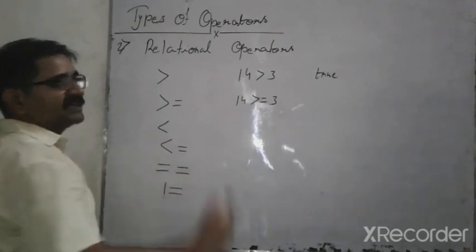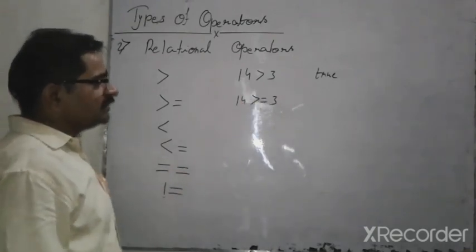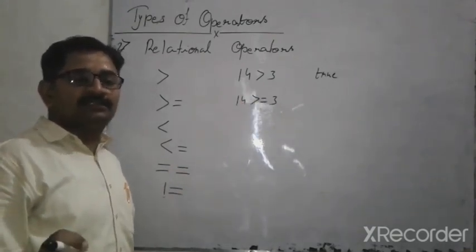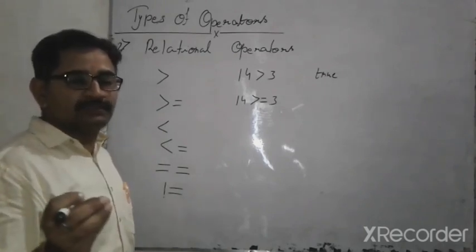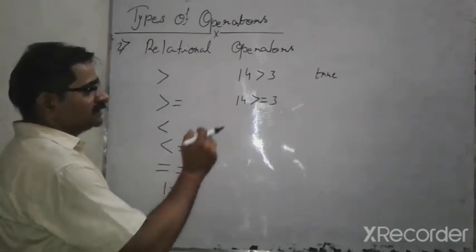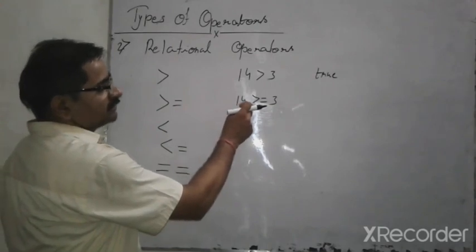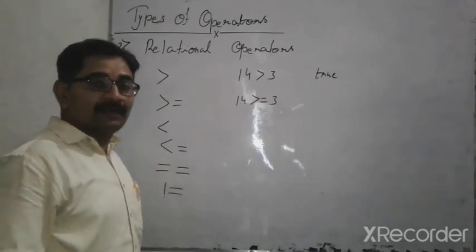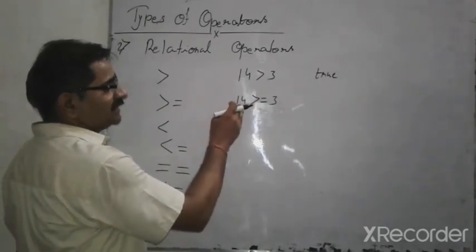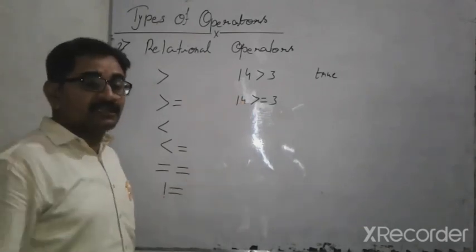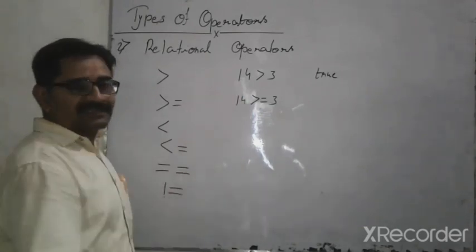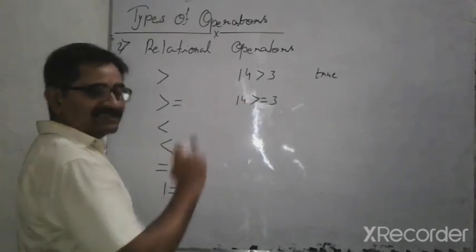In the case of greater than or equal, any one condition should be true for a true value. Either 14 is greater than 3, or 14 is equal to 3. 14 is not equal to 3, that is false, but 14 is greater than 3.